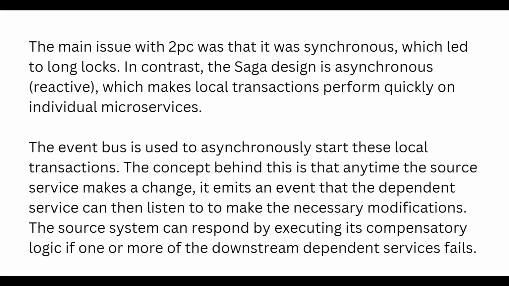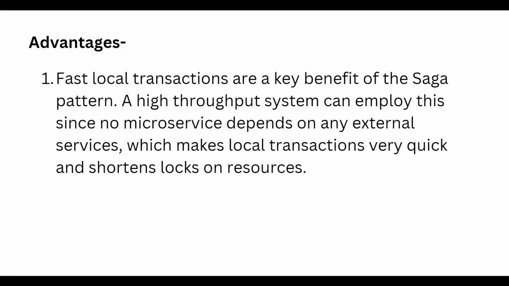The concept behind this is that anytime the source service makes a change, it emits or creates an event that the dependent service can then listen to make the necessary modifications. The source system can respond by executing its compulsory logic if one or more of the downstream dependent services fails.